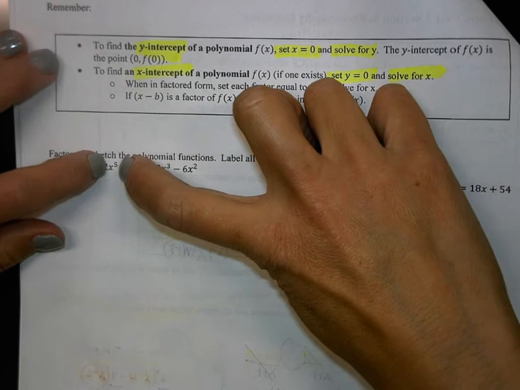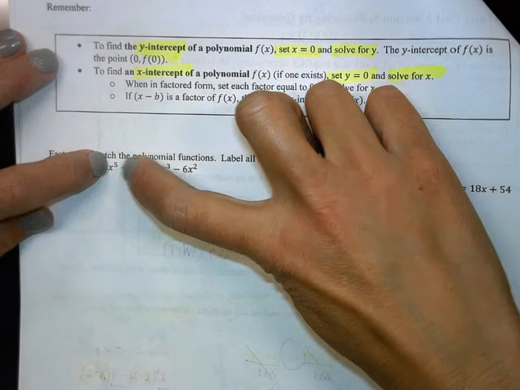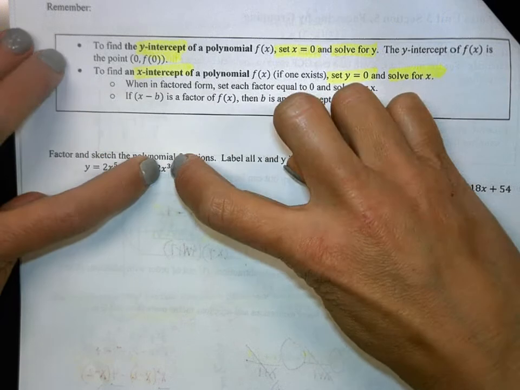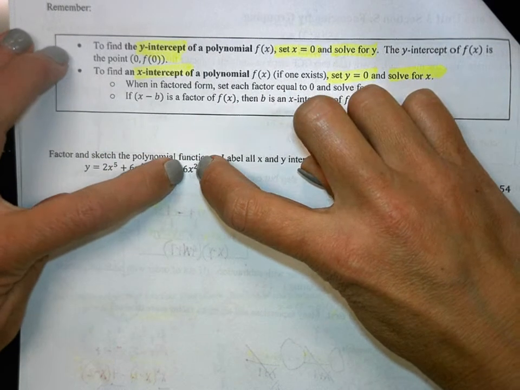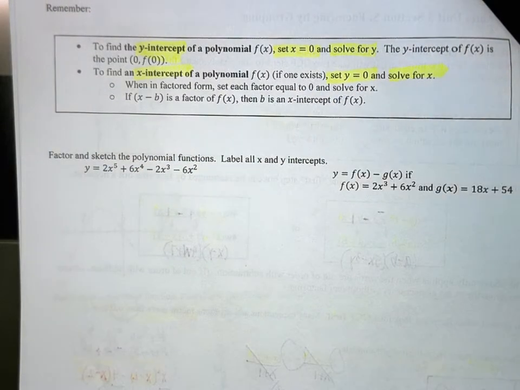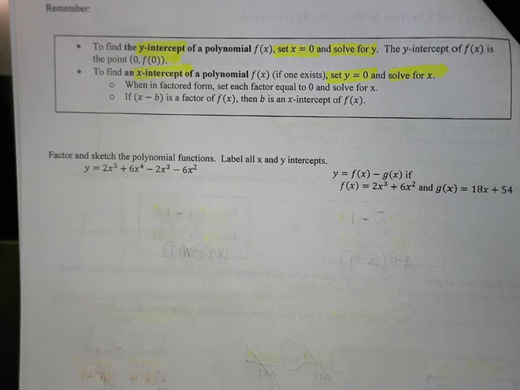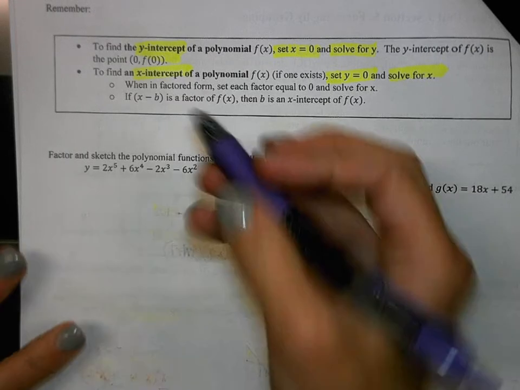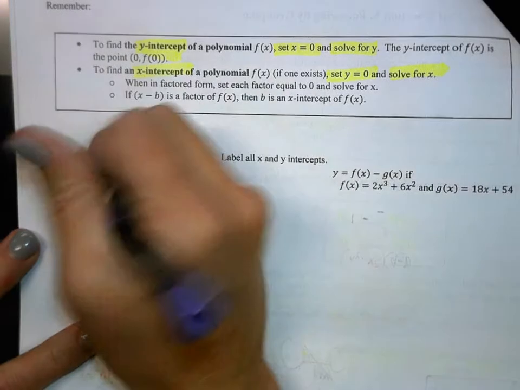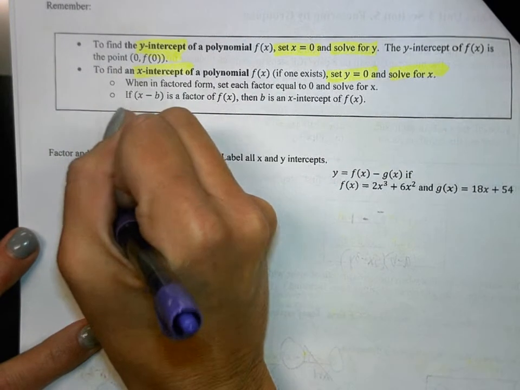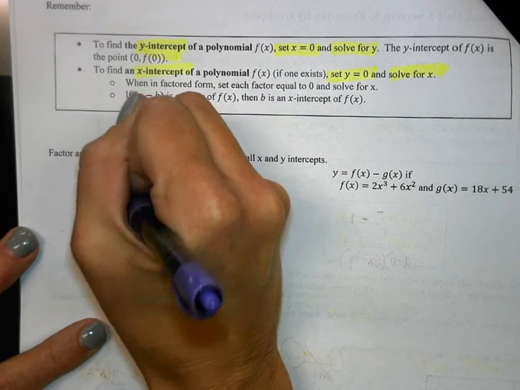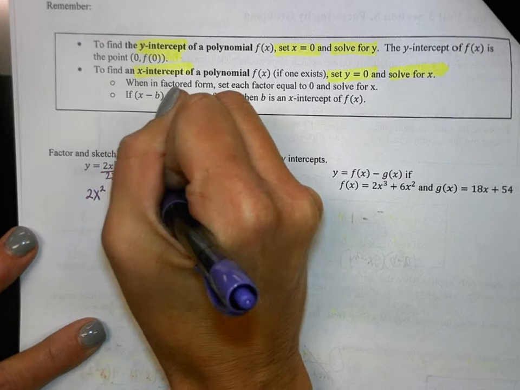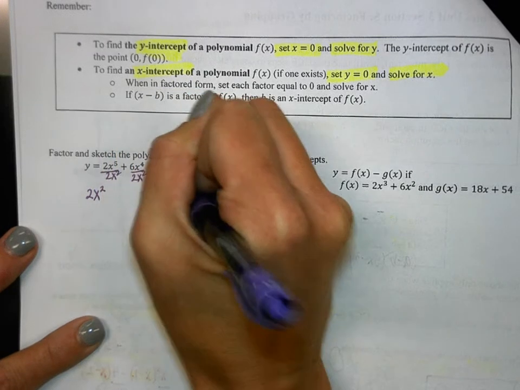Then I look at the letters. X to the 5th, x to the 4th, x to the 3rd, x to the 2nd. So the largest amount of x's that I could take out would be x squared. Okay, so I am factoring out a GCF of 2x squared. Not all problems have a GCF, but if they do, you need to do that first.